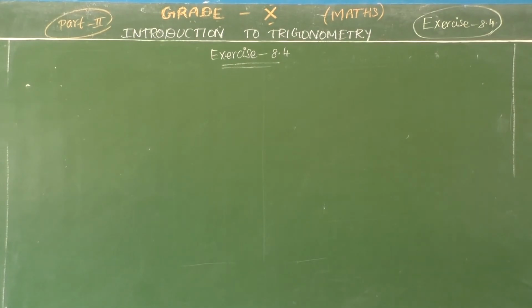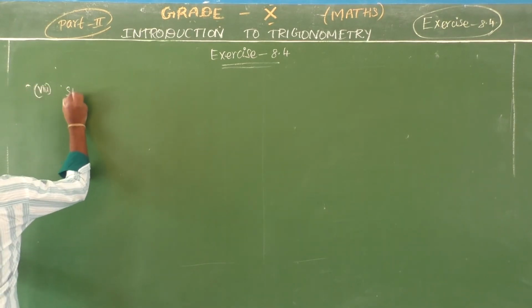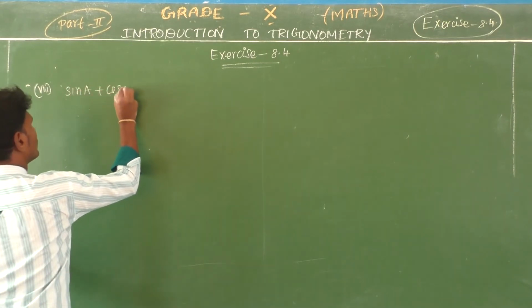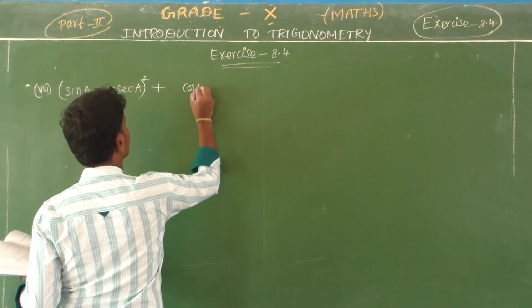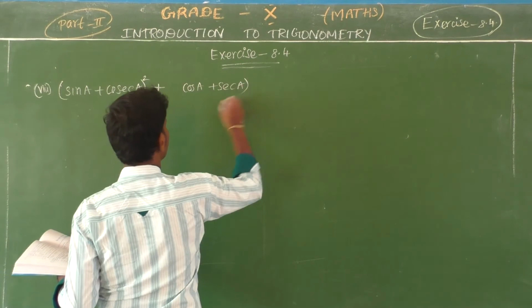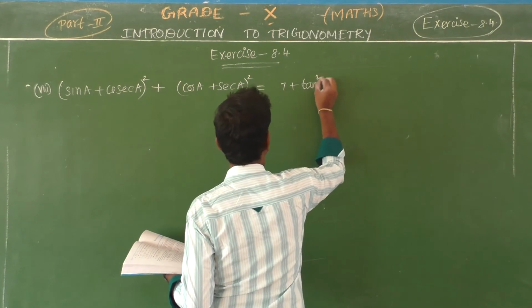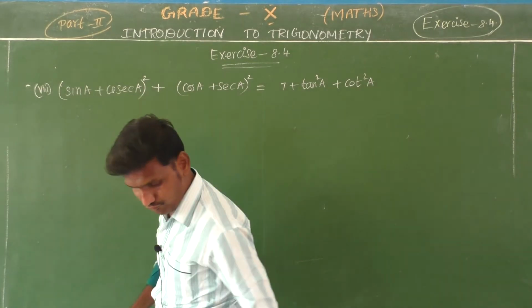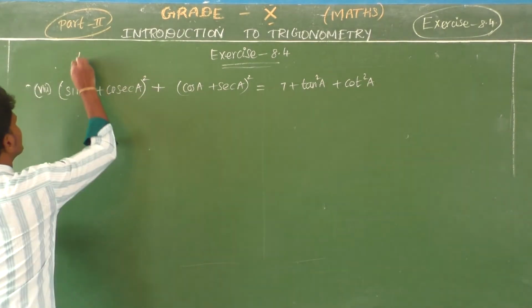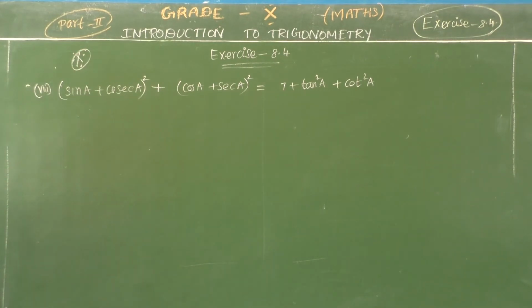The next question, students, question number 8: sin A plus cosecant A the whole square plus cos A plus secant A the whole square is equal to 7 plus tan square A plus cot square A. It is a very important question, asked the maximum number of times in the board examination. So listen carefully, all of you.